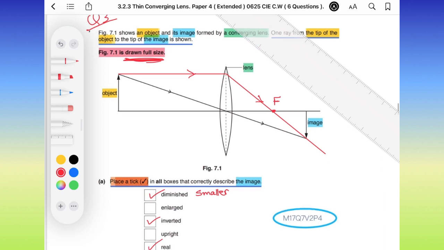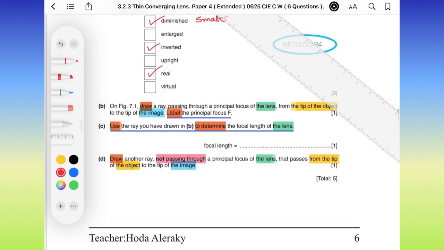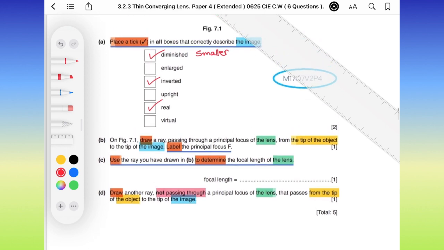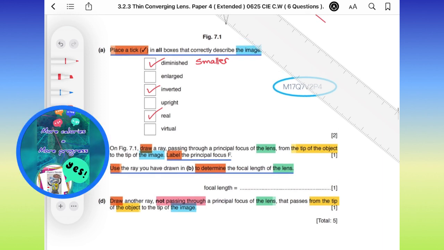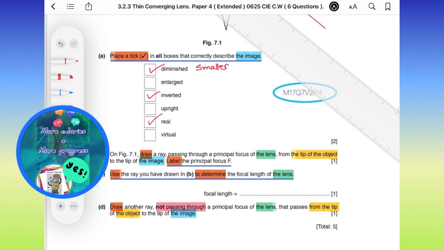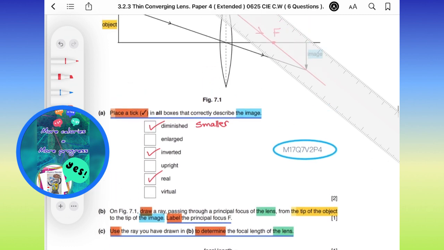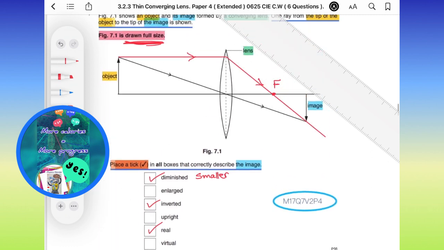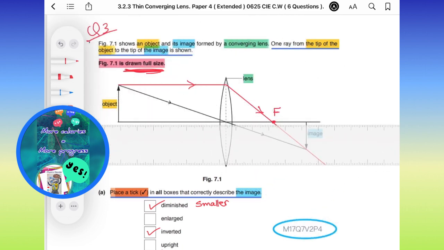Okay guys. Use the ray you have drawn to determine the focal length of the lens. Here in this question you have to find the measurement using your ruler to measure the distance from the optical center.